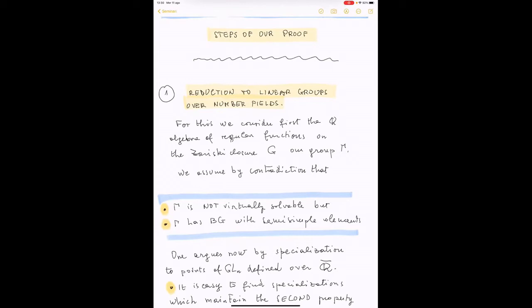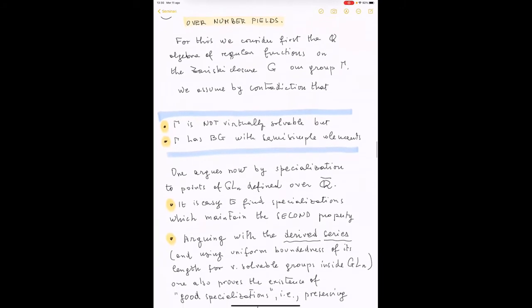And we shall consider the Q-algebra of regular functions on gamma, and we assume by contradiction that gamma is not virtually solvable, but gamma has bounded generation with semi-simple elements. Now, to reduce to number fields, we first argue by specialization. So this gamma is a subgroup of a certain linear algebraic group G, so we may view it inside GL_N.